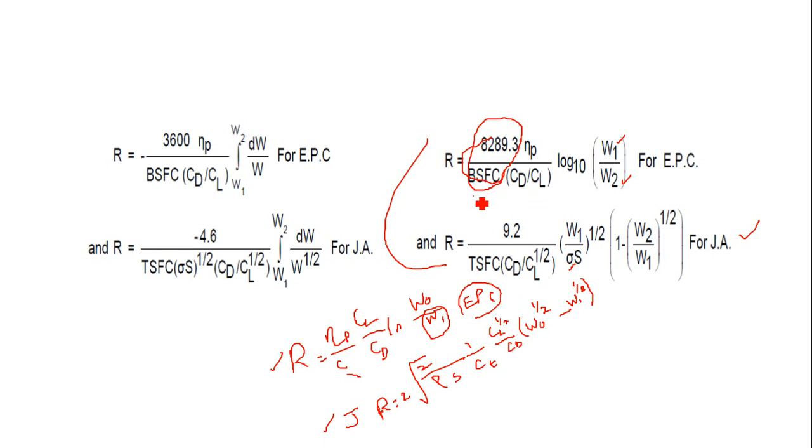Here also, if BSFC is more, automatically range will decrease. If BSFC is less, range will increase. That means if fuel consumption is more, range will decrease.